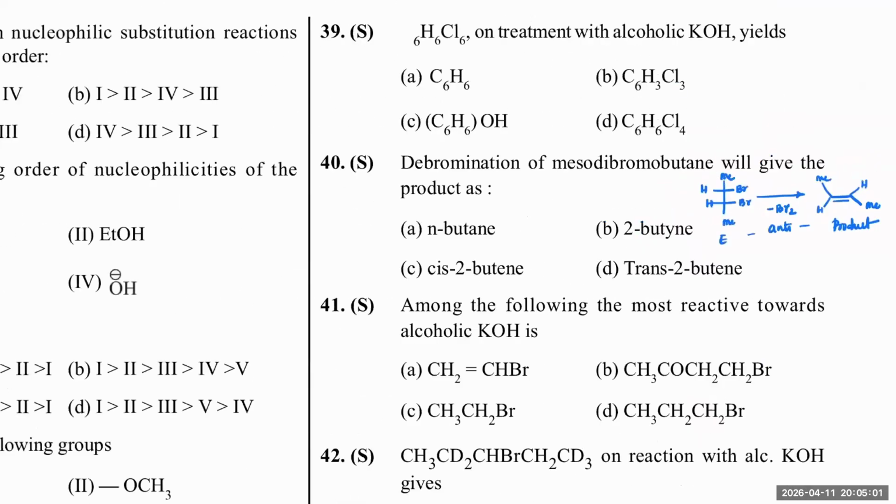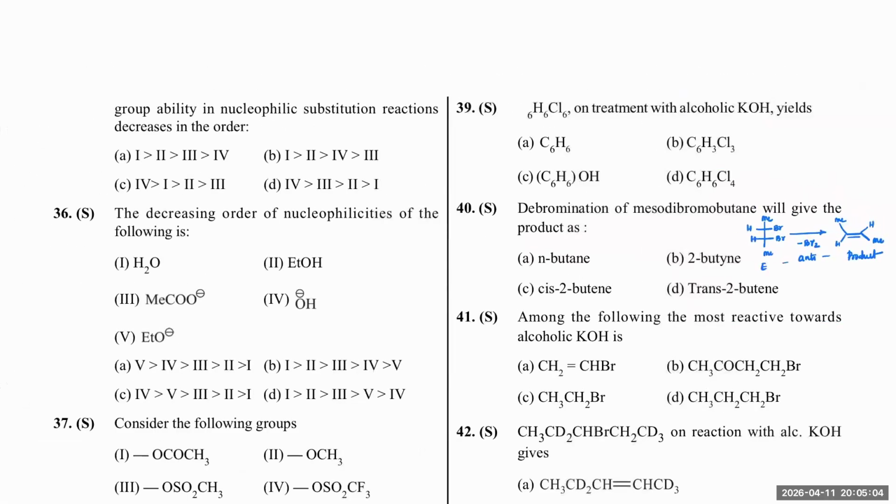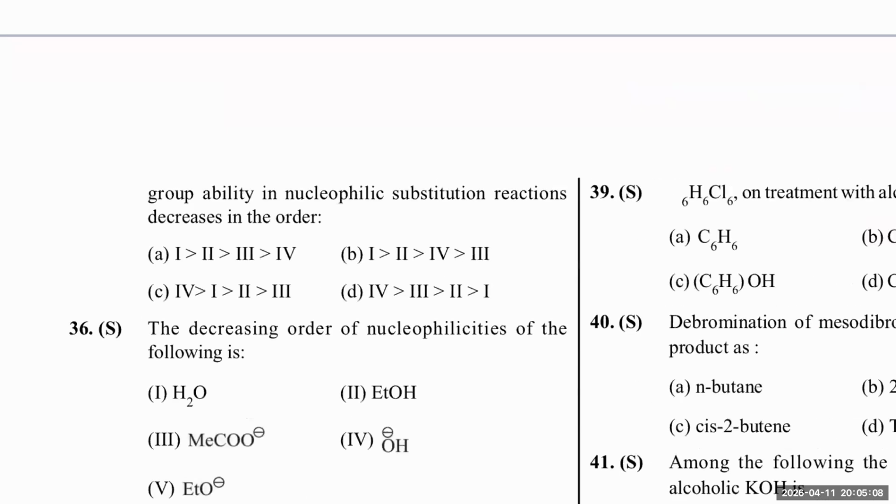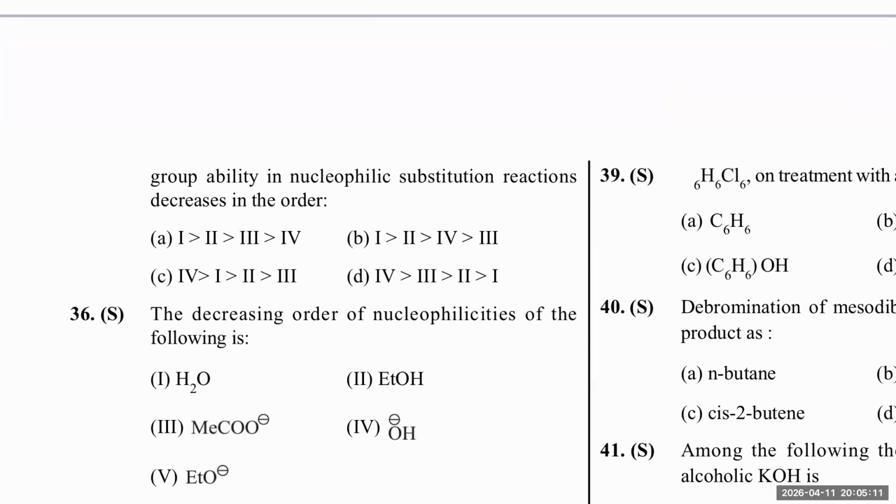I'm not sure if you do recall the debromination which we discussed during the elimination reactions in alkenes. Let me remind you. Suppose you have any vicinal dihalides like this, and you treat this with NaI in acetone.